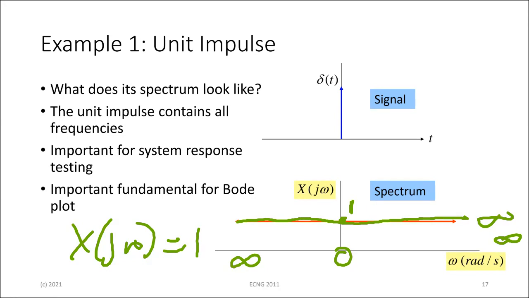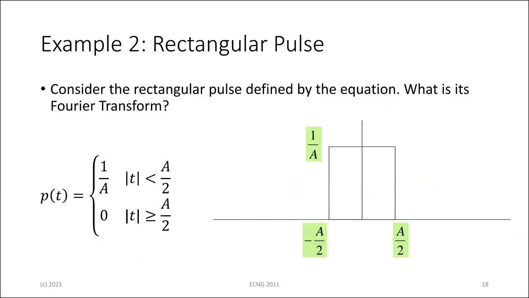So, good. We know a practical impulse is kind of hard to make, so let's see what happens if we go back to something looking like this. Here's a pulse. The pulse is width a and height 1 over a, so that the area under the pulse is equal to 1.